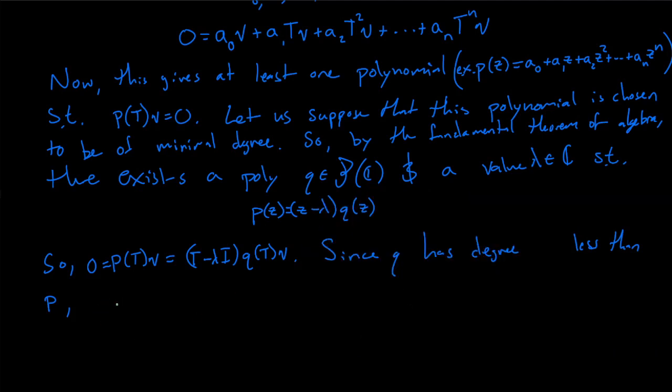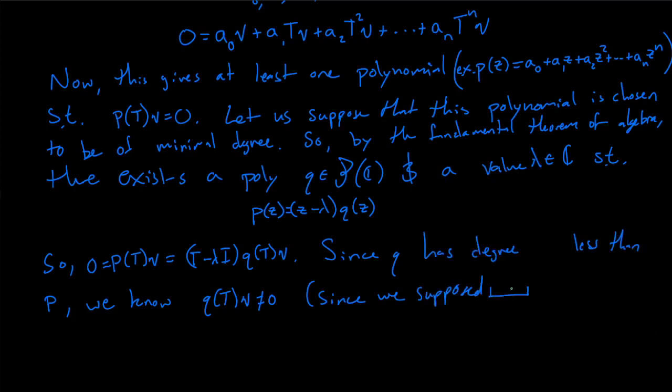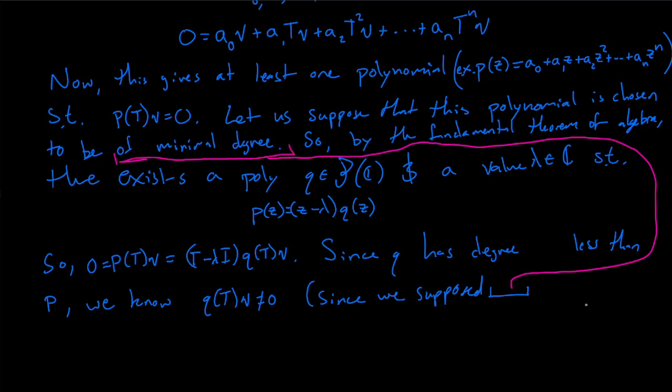So since this has degree less than p, we know q t of v is not equal to 0, since we supposed, and I will just put a little blank right here and then point back up to the thing we supposed, just for convenience. So we supposed that this is of minimal degree.